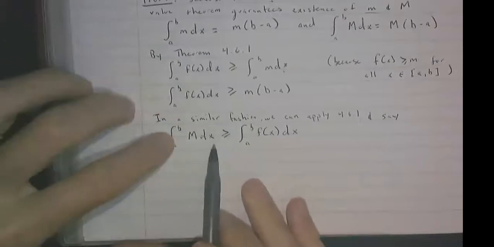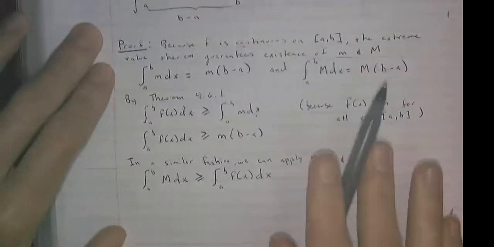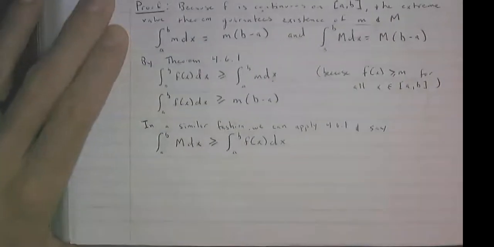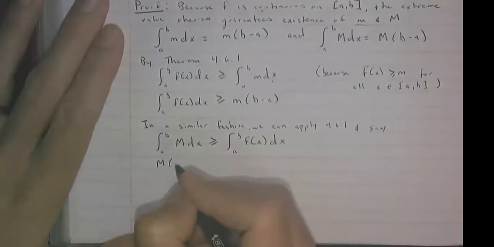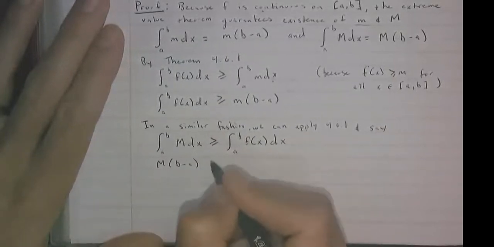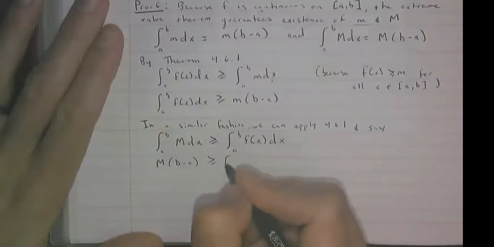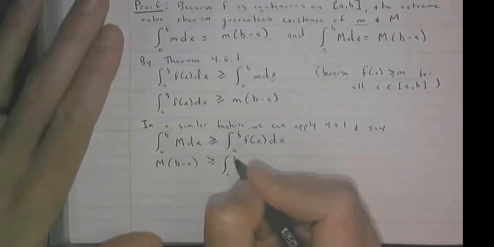And then again, substituting this definition, we have that big M times b minus a is greater than or equal to that definite integral.